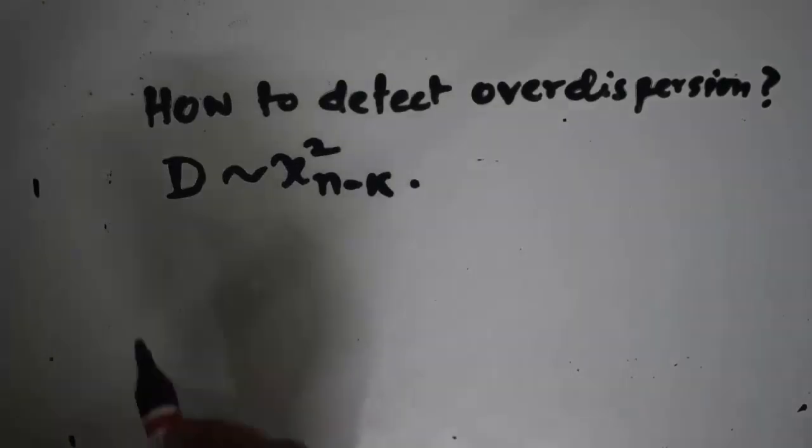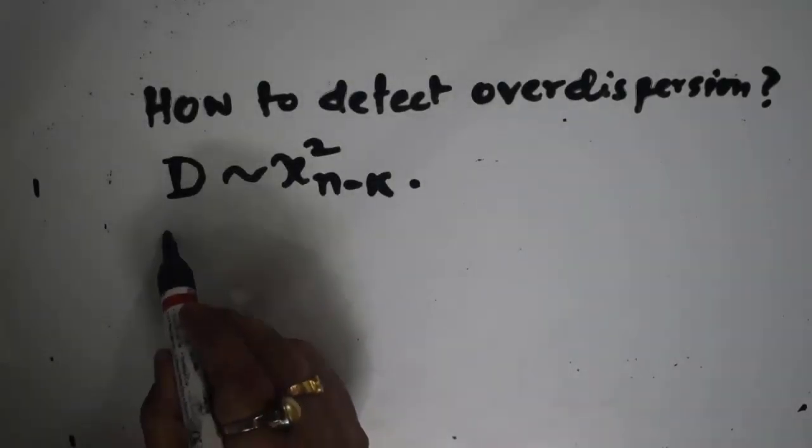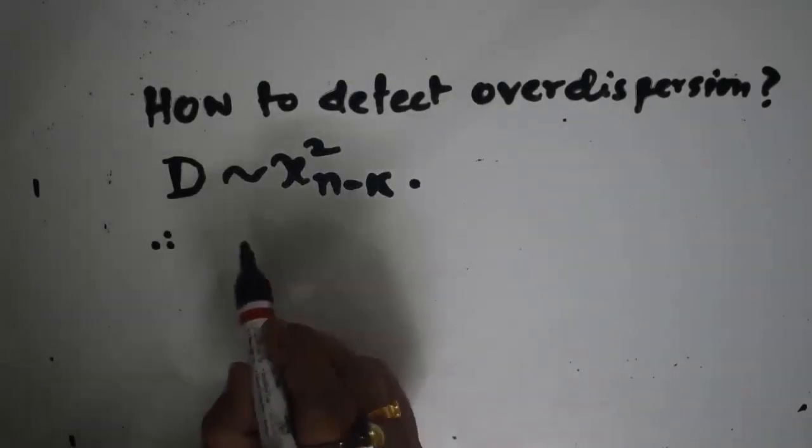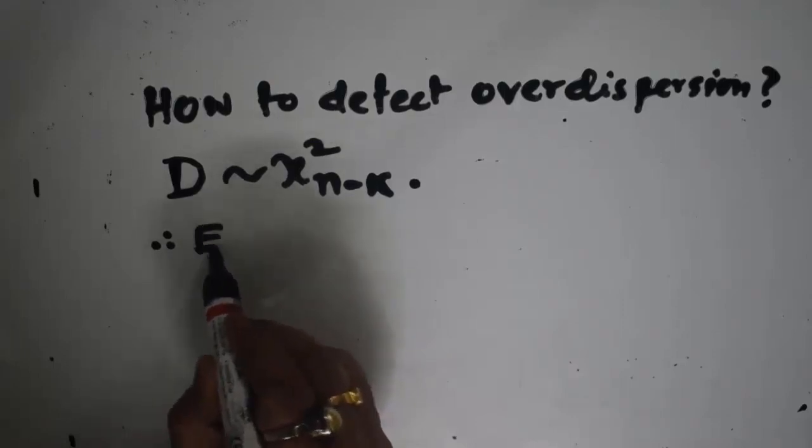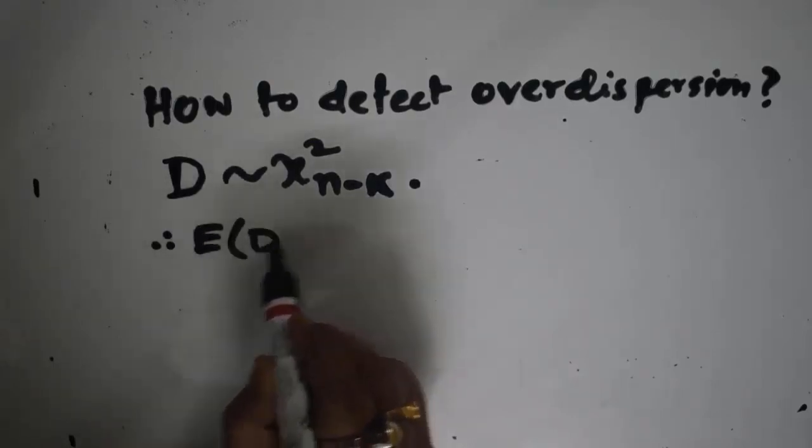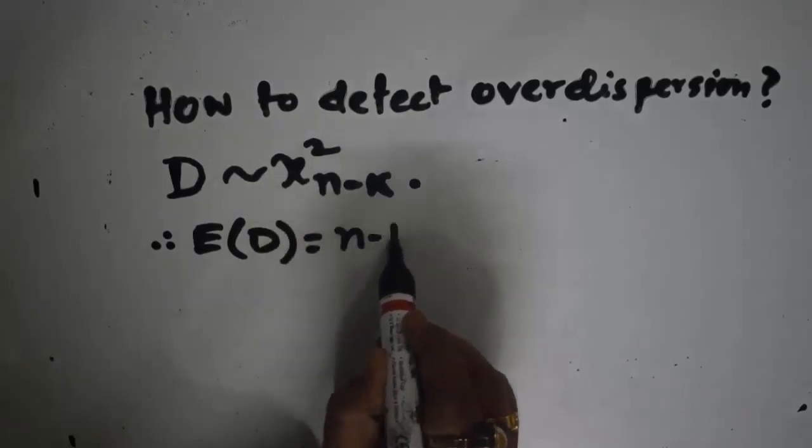Therefore, expectation of D equal to n minus k.